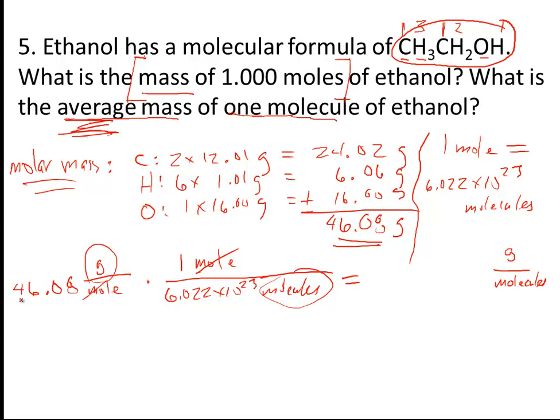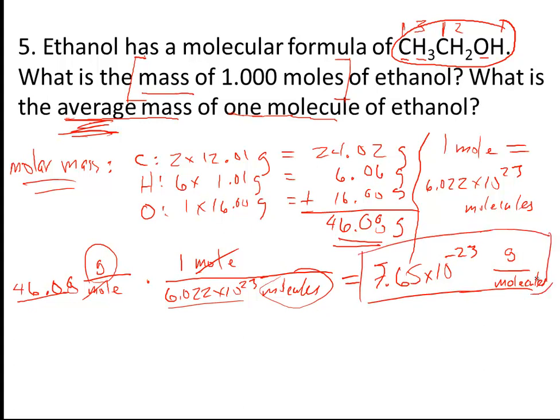So now all you've got to do is take 46.08, divide by 6.022 times 10 to the 23rd, and you should get 7.65 times 10 to the minus 23, and that's grams per molecule. And that's a really, really small number. So 1 molecule of ethanol doesn't weigh very much, that's for sure.